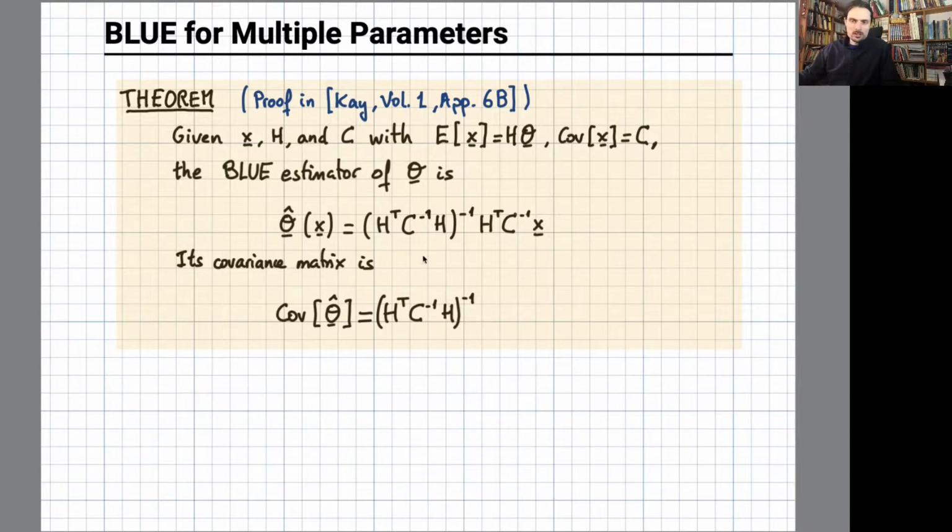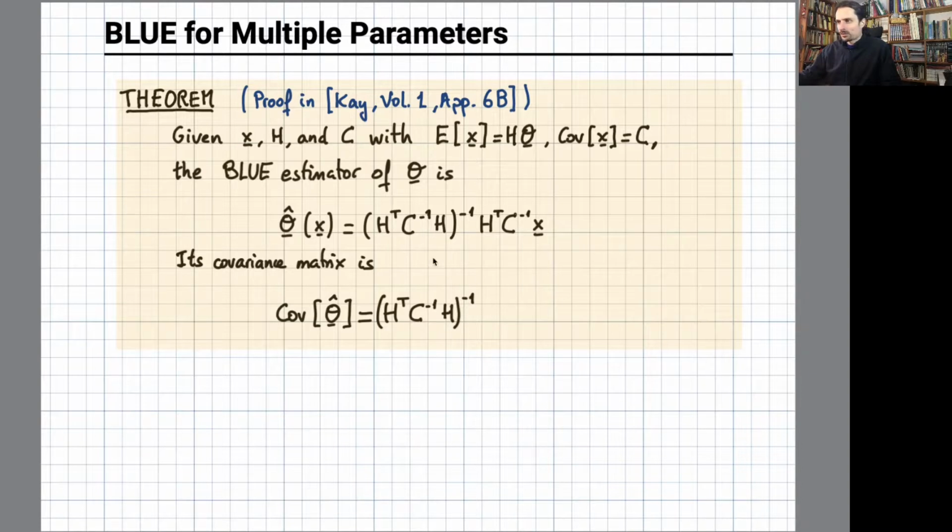So the first thing that we need to observe is that they generalize the expressions for the scalar case. In particular, if H is a column vector, we recover the expressions from a couple of slides ago.